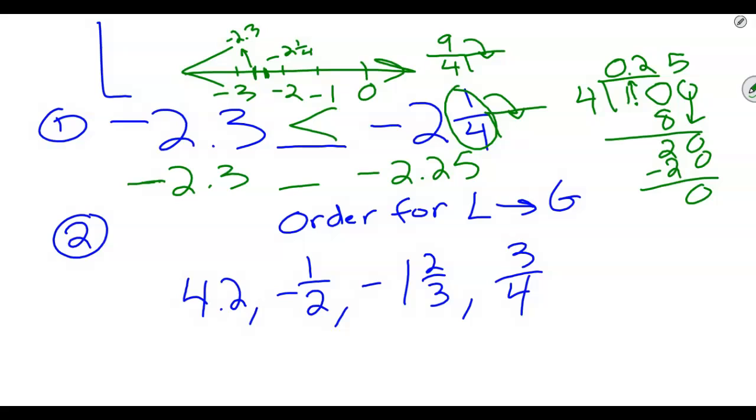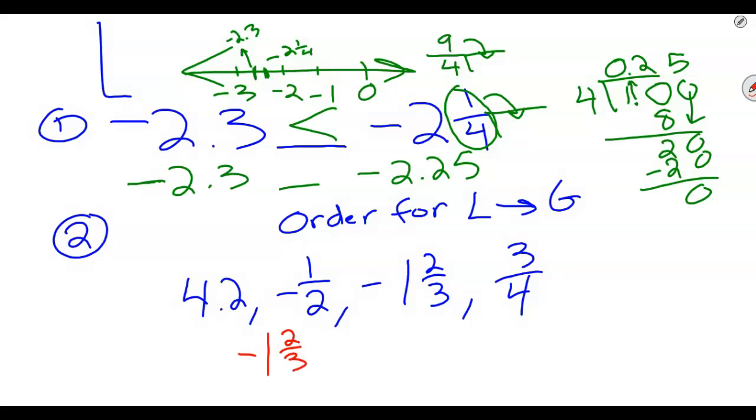Order from least to greatest. So our numbers should be in order, just like a number line, going from left to right. What number is the least number here? Which one is the smallest? Bryce, what do you got? Good. -1 2/3.